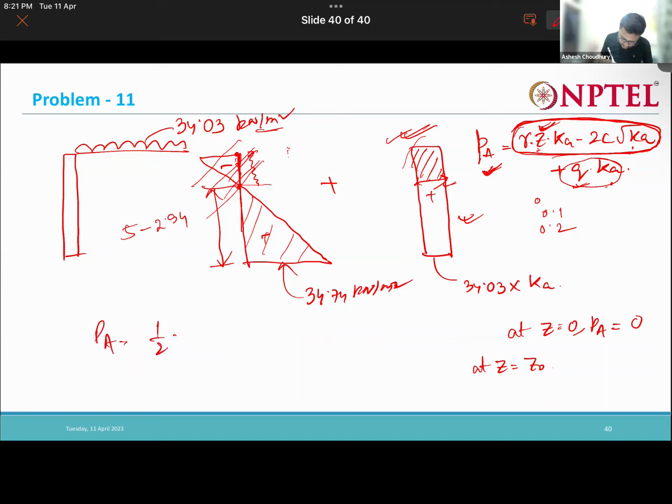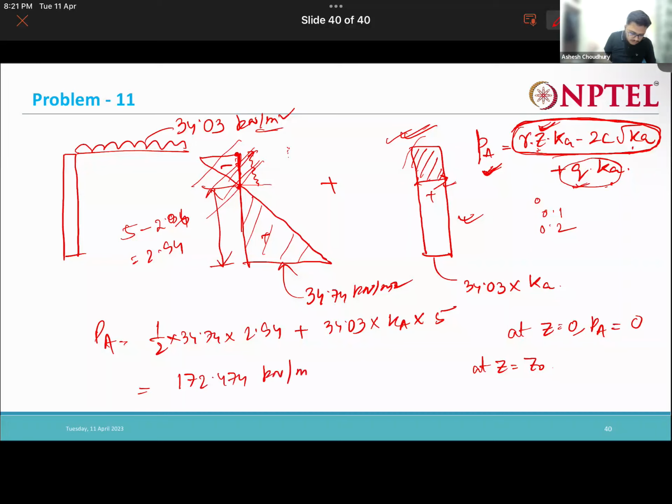PA is equal to half into 34.74 into 2.06 minus 2.94 plus 34.03 into K into the total height, 5. So this will give my total thrust, 172.474 per meter.